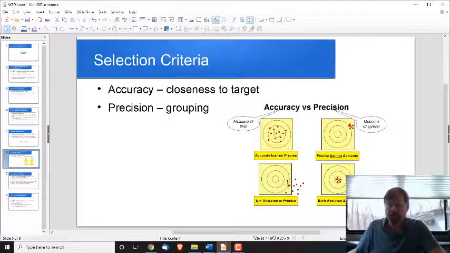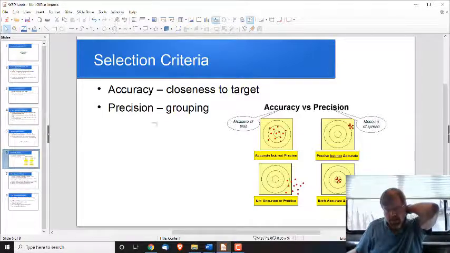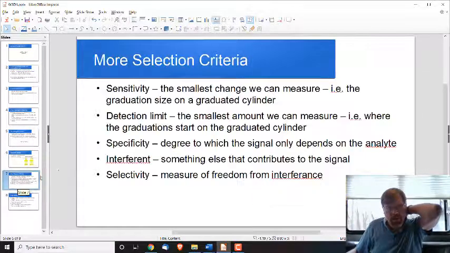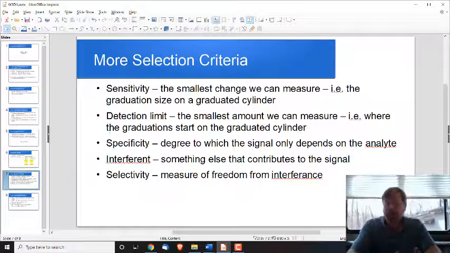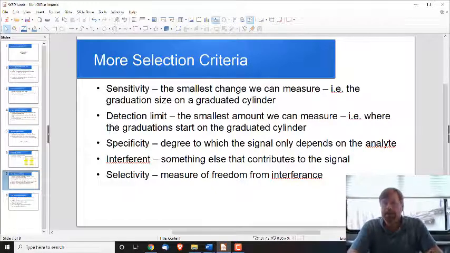Again, on this side, this is neither accurate nor precise. It's a large group and it's well off. This is both accurate and precise. It's a small group that's centered on our target. Other things along those lines, we have sensitivity.